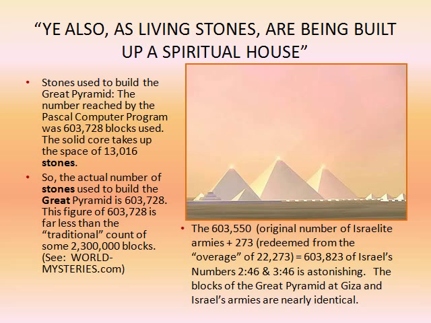This is truly astounding. The blocks of the Great Pyramid at Giza and the armies of Israel are nearly identical in number when the 273 is added into the count of the armies of Israel gathered around her tabernacle in the wilderness. Less than 100 separates the number.